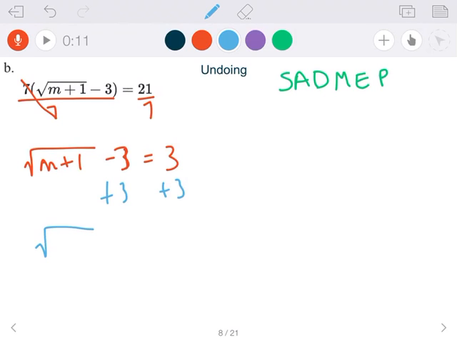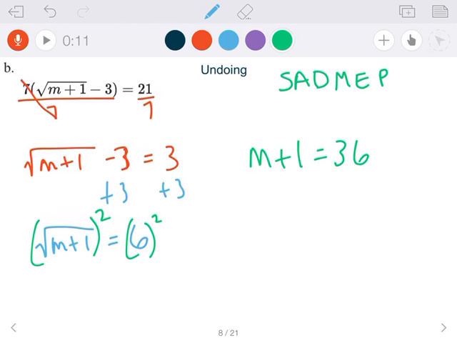So I get square root of m plus 1 equals 6, and then we're left with the same problem that we had on the previous slide, where we're going to square both sides to undo that square root. We're going to get m plus 1 equals 36. We're going to subtract 1 from both sides and get m equals 35.